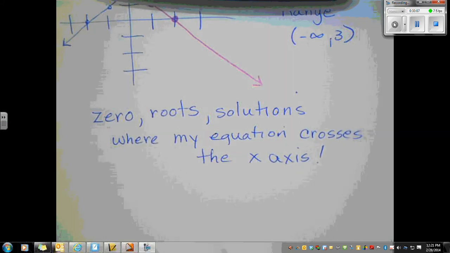So if they ask you to find the zeros, or they ask you to find the roots, or they ask you to find the solutions, same thing. All of those are asking you the same thing. Okay.